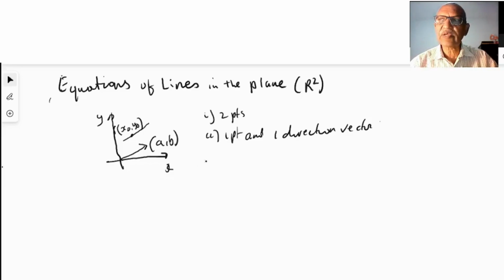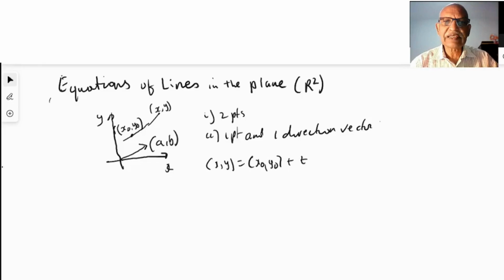So we can write this as a vector equation. Any generic point xy on the line is always equal to x0, the initial point, plus t times d, where t is always a parameter. It can change, which is why it's called a parameter.